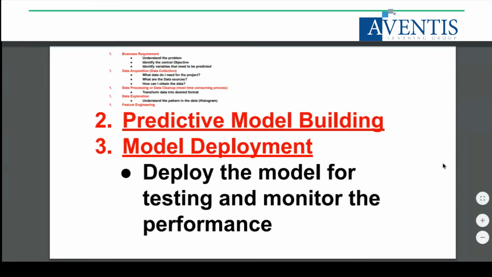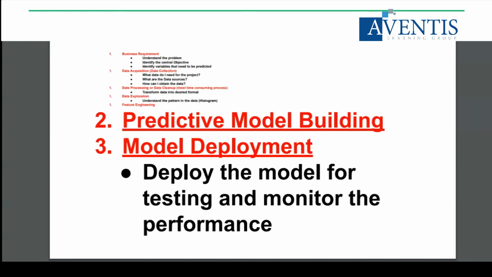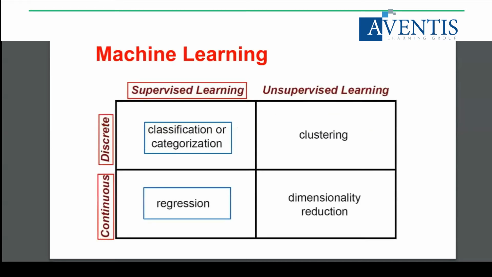Okay, and the next and final steps are to build the model, and when your model is ready, we basically deploy the model for testing and monitor the performance. At this point, when your data is ready and we are ready to build a model, in general, we build a machine learning based model.